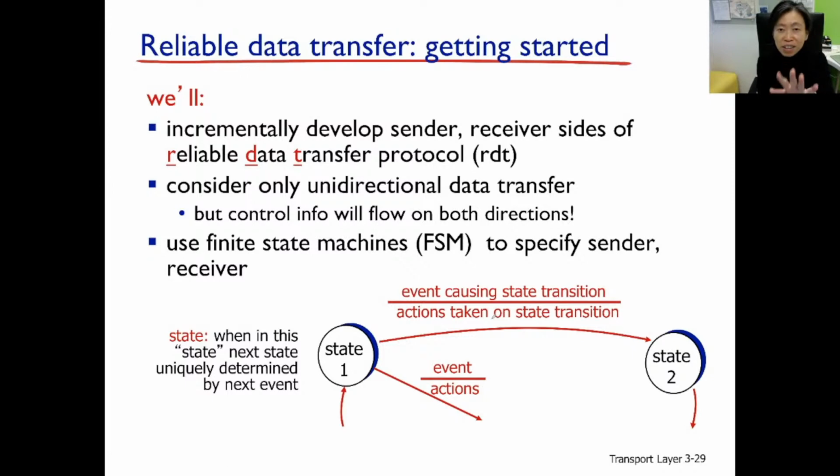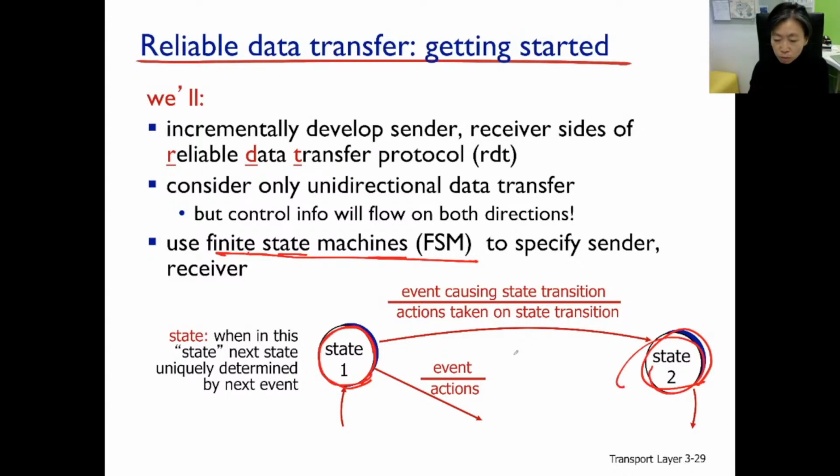Now, another thing that I need to introduce is how I'm going to describe these RDT mechanisms. We're going to use this thing called finite state machines, FSM. Okay, so here's one state, here's another state, two states. So a finite number of states. All right, so this is a machine that goes from one state to another.